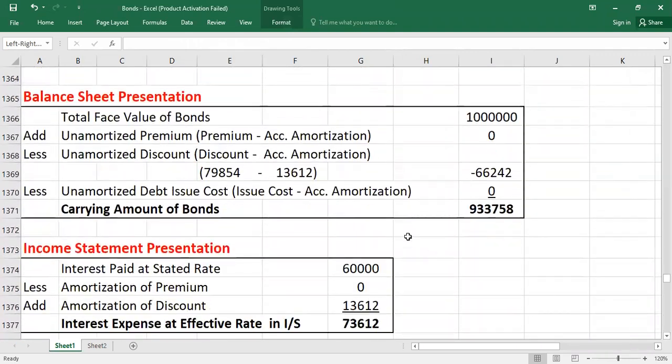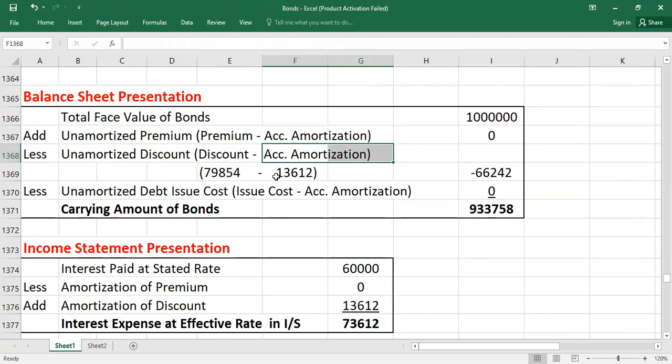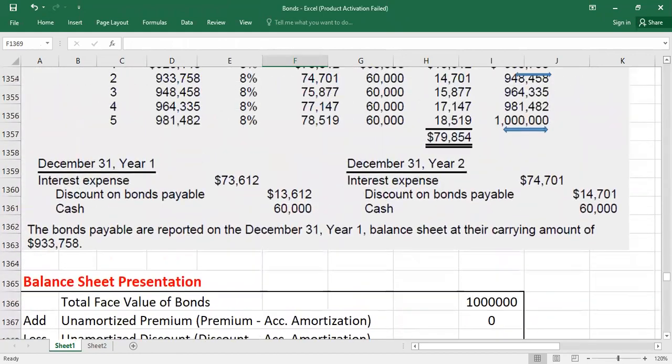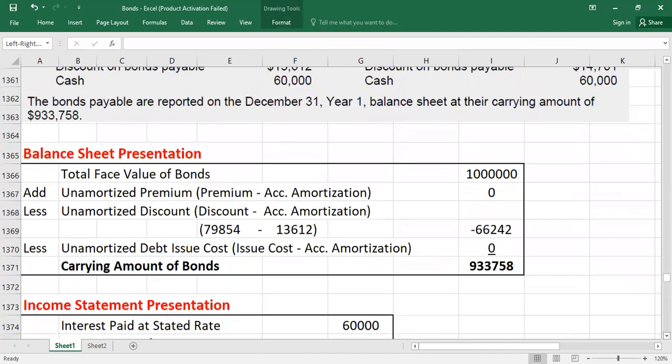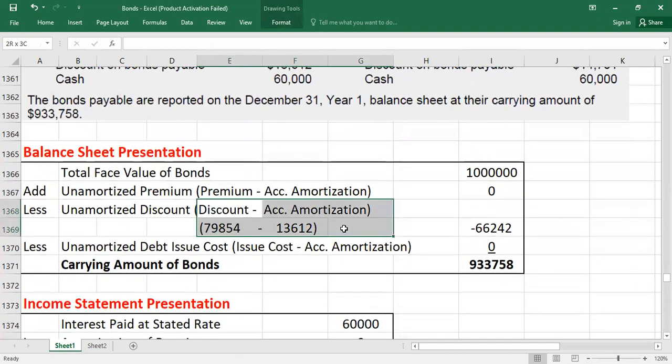Okay. Minus accumulated amortization. Because we are sitting in the first year, the total amortization of the first year is 13,612. You can confirm from the table here. Look in the table, we have 13,000 here, 612. Okay, so this you will subtract as accumulated amortization, so you will get the unamortized discount.